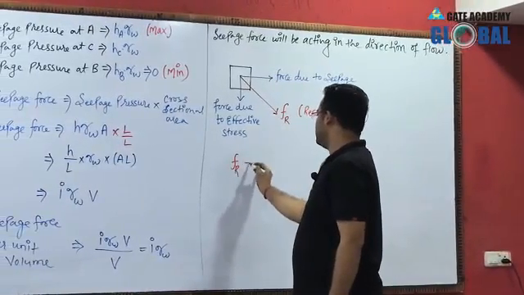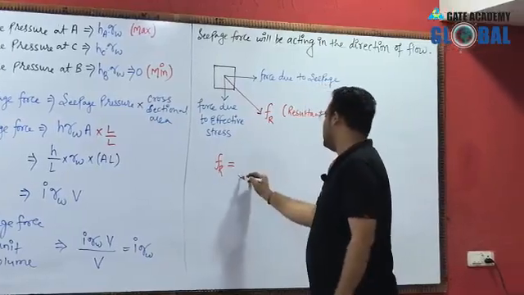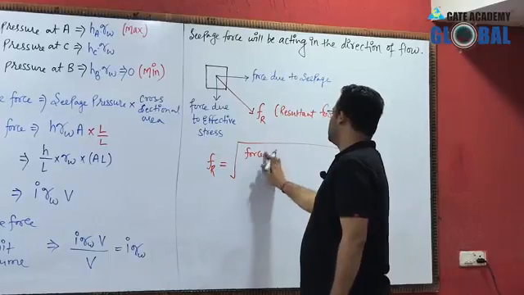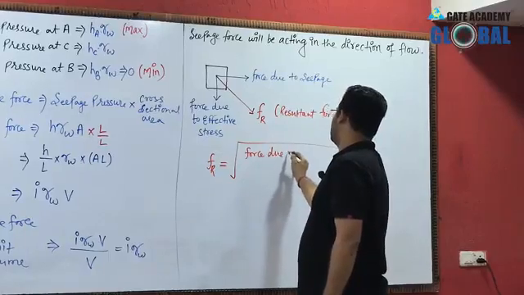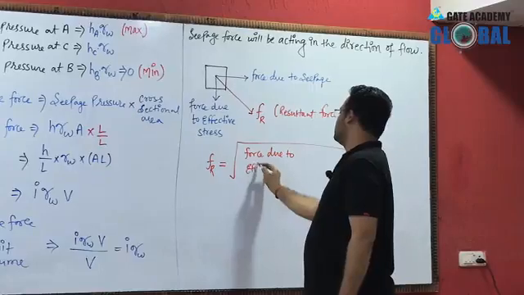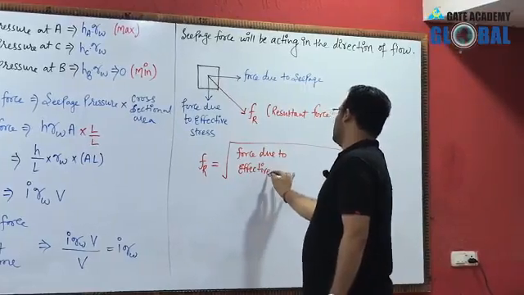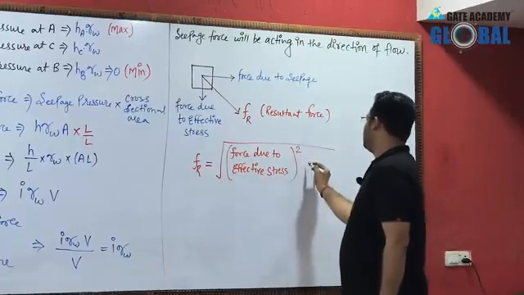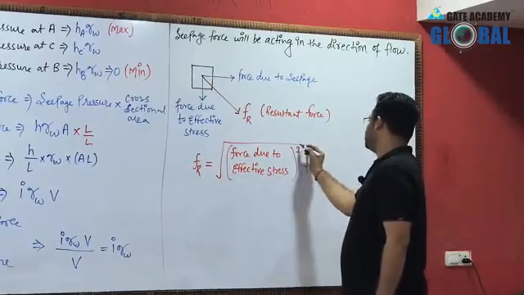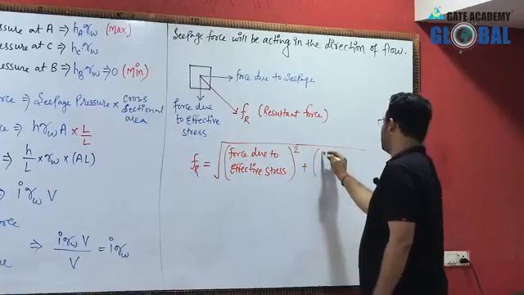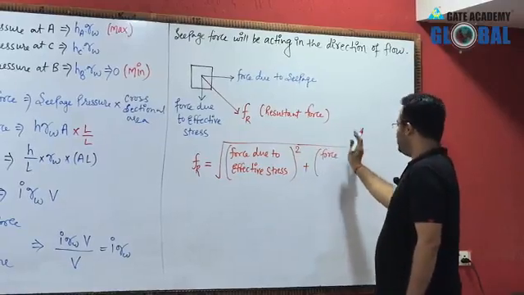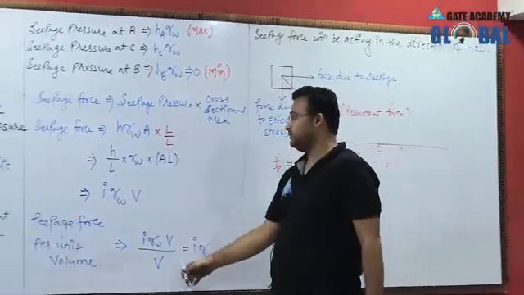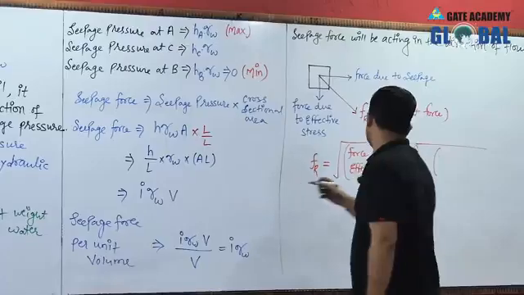So this resultant force, of course, in kilonewton can be given as under root of force due to effective stress square plus seepage force. I can write the seepage force which I calculate either in per unit volume or using the given volume.